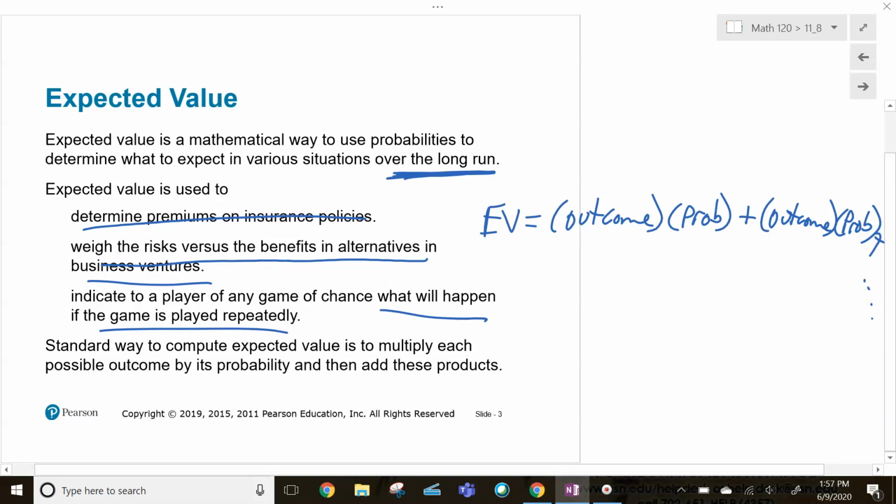So it's outcome times probability, outcome times probability, and sum those up. That's how you figure out in the long run what's the return on my investment, if you will, for playing a game of gambling, for example.